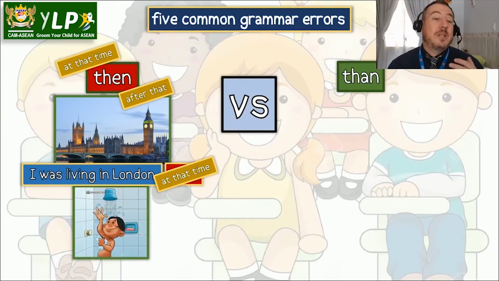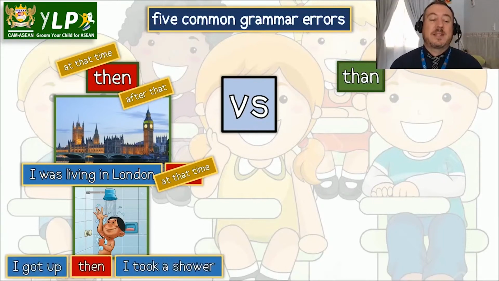Or we could use it to mean after that, if we're talking about a sequence, which is this happened first, then this happened, then this happened. We might say something like, I got up, then I took a shower. Then I got dressed.